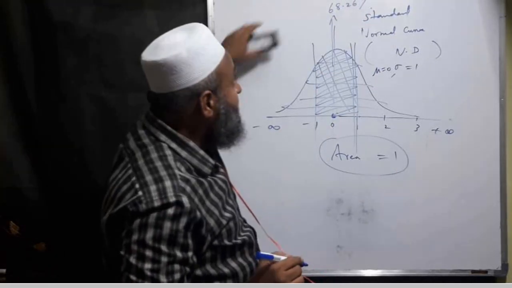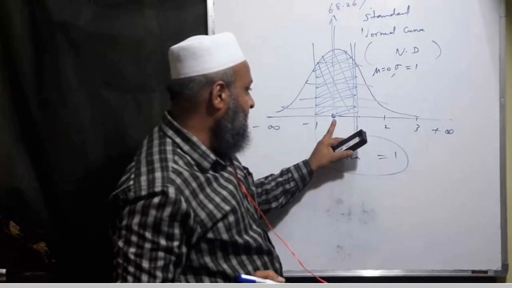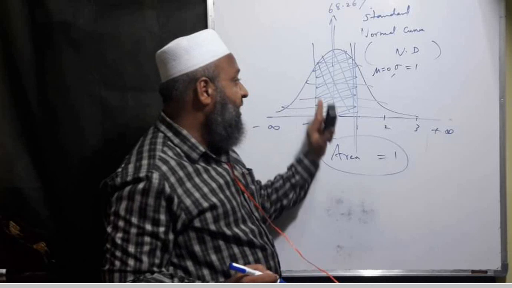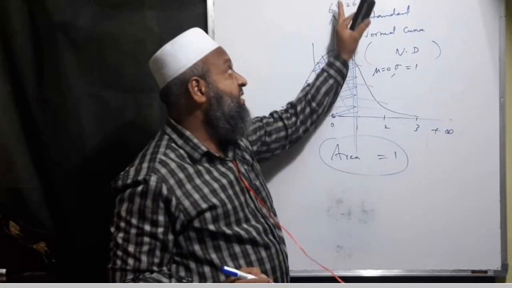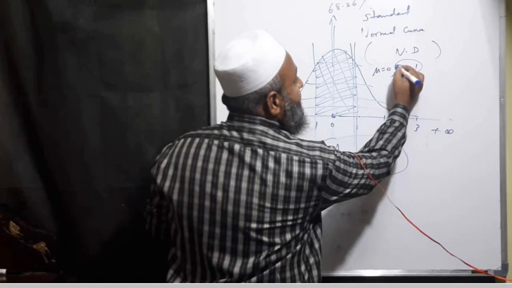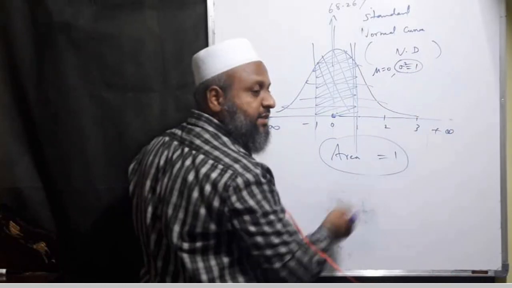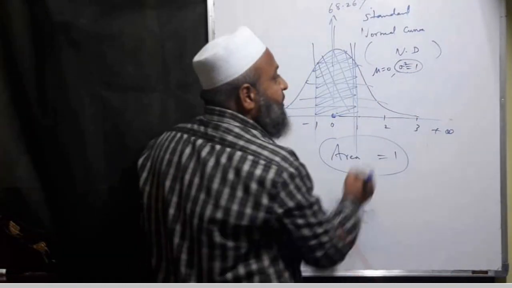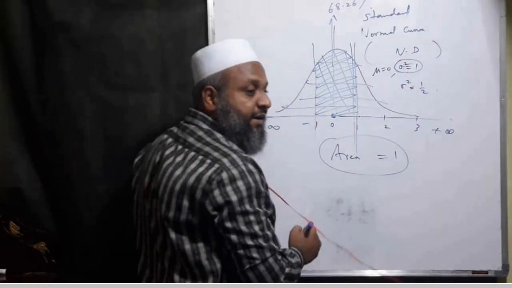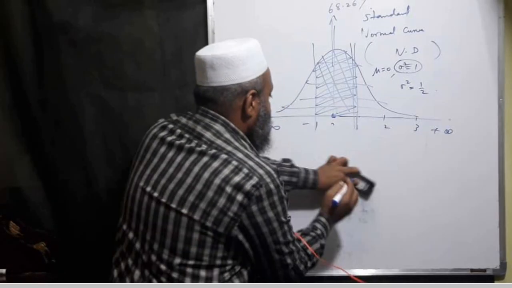That is, 68.26% of the area is covered when the mean is 0 and the standard deviation is 1 unit. But if the variance, sigma square, is changed, note that when sigma is 1, sigma square is also 1. If the variance is half, then the curve will be more compact. I mean to say, it will be like this.